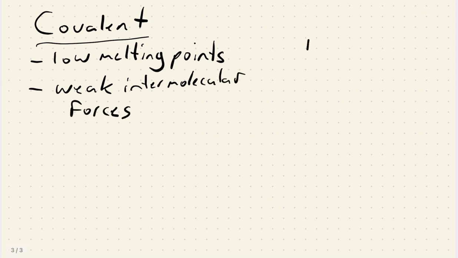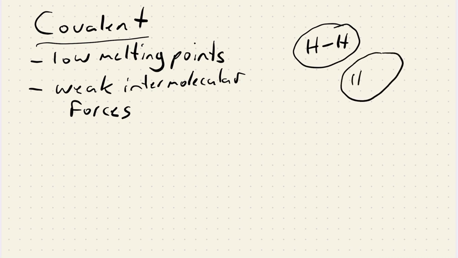So if I had a molecule of hydrogen in a room, there's going to be many more around it. I know it's covalent because the electrons are being shared between two or more nonmetals. But between these molecules, we have very weak forces, which I'm using lines to show. Very weak forces, so they're easy to overcome.